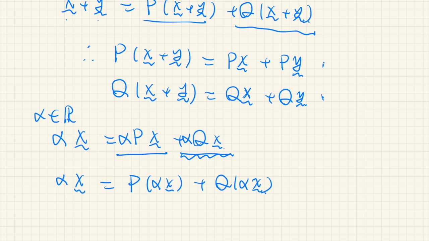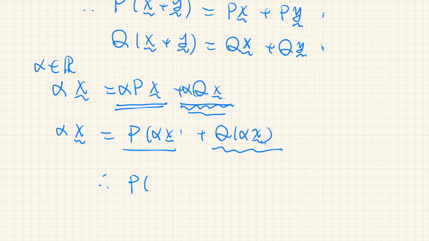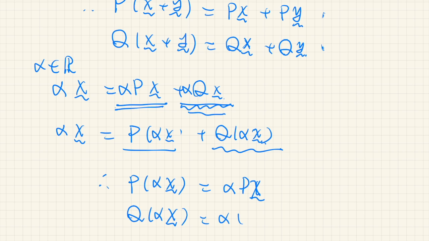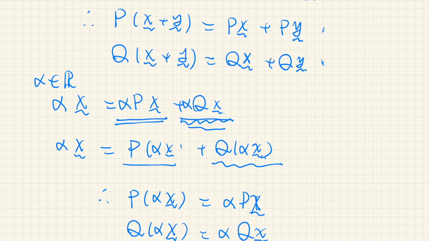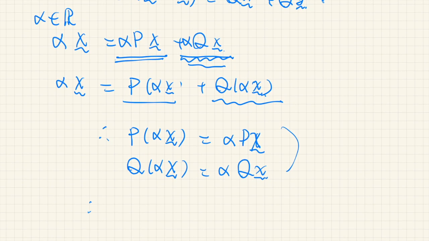And by the uniqueness, again, this should be equal to this, and this should be equal to this. So we have P of alpha x is equal to alpha of Px. And Q of alpha x is equal to alpha of Qx. So from these two, we conclude that P and also Q is a linear operator.